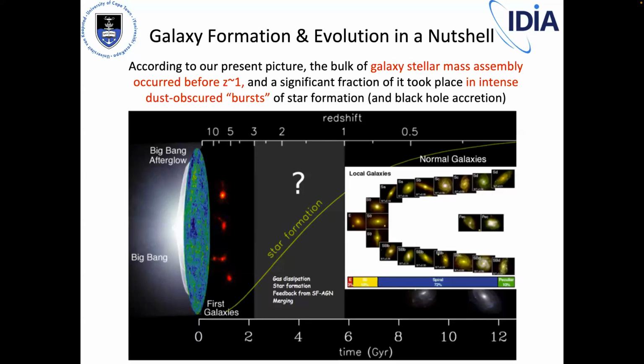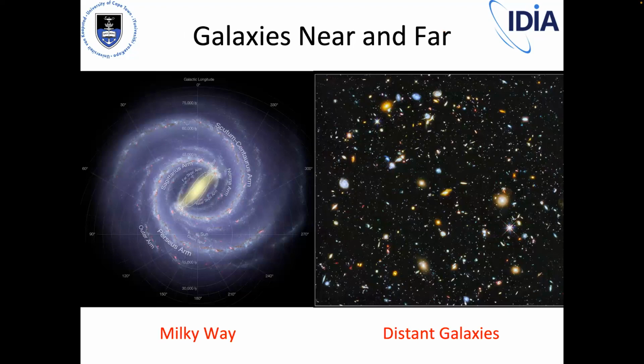So intrinsically, the star formation is a messy, obscured affair. Which means that we've got to be smarter at using the different wavelengths of the electromagnetic spectrum to study star formation and AGN accretion in principle.